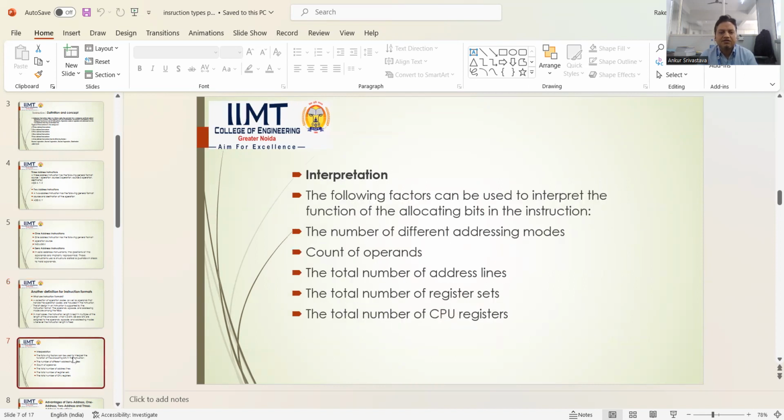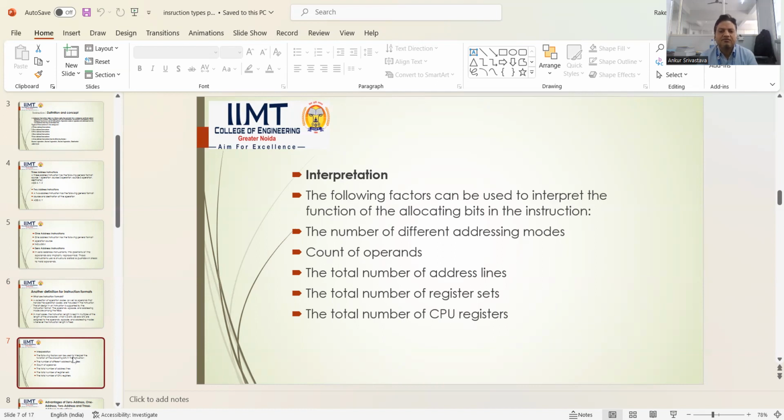Moving towards the next slide, we can see what is interpretation. The following factors can be used to interpret the function of the allocating bits in the instruction. When the instructions are given, some bits are allocated so that the operands and the operators can be executed in an easy way. Number one is the number of different addressing modes.